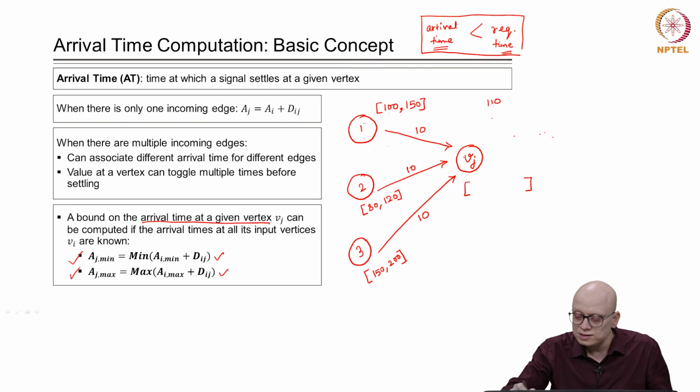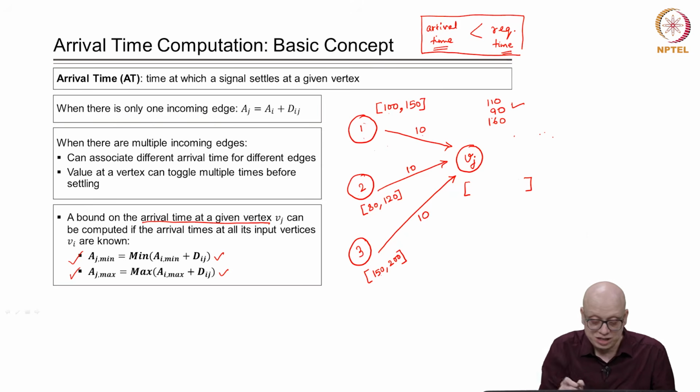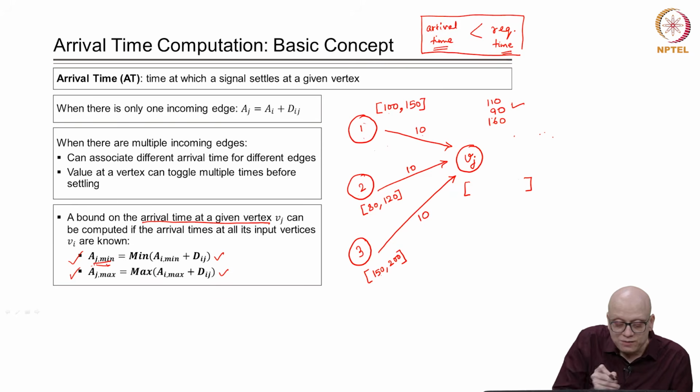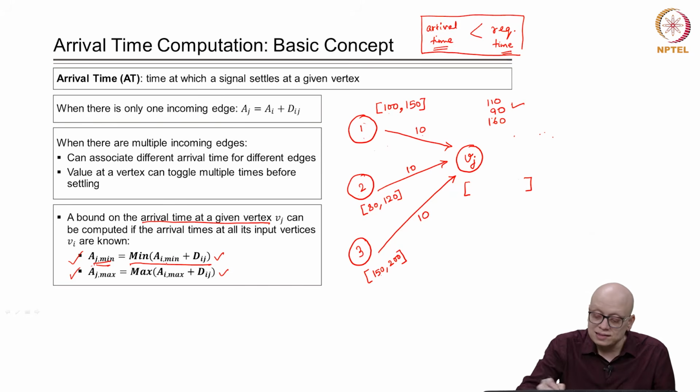If it comes from vertex 2, then 80 plus 10 is 90, and if it comes from the third vertex, then it is 150 plus 10, that is 160. Out of these the minimum is 90, coming from vertex 2 to Vj. So, Ai min corresponds to 100, 80 and 150 in this example, and the minimum arrival time at Vj will be 90.